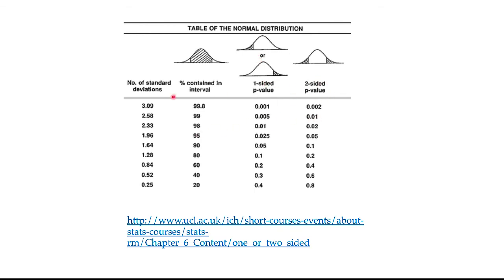So basically this is just 1 minus that, and this is half of that. You can see these sort of numbers which we've already looked at. So for example, 2 standard uncertainties, which is the one I mostly remember, you're going to be within that 95% of the time, which means you're going to be outside that 5% of the time, and outside in just one direction about 2.5% of the time.